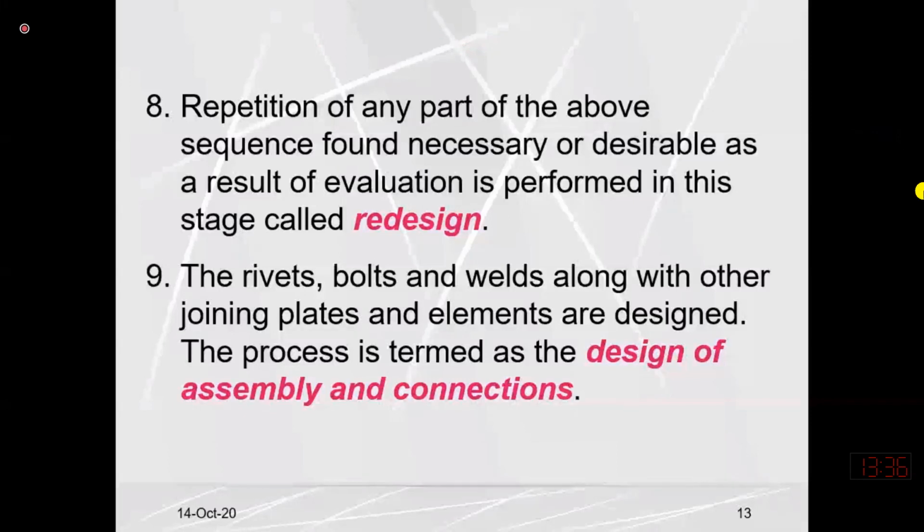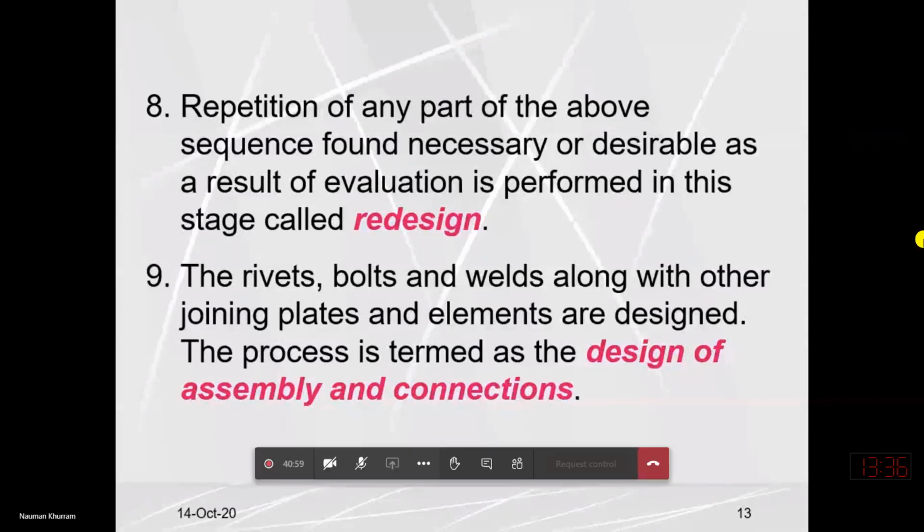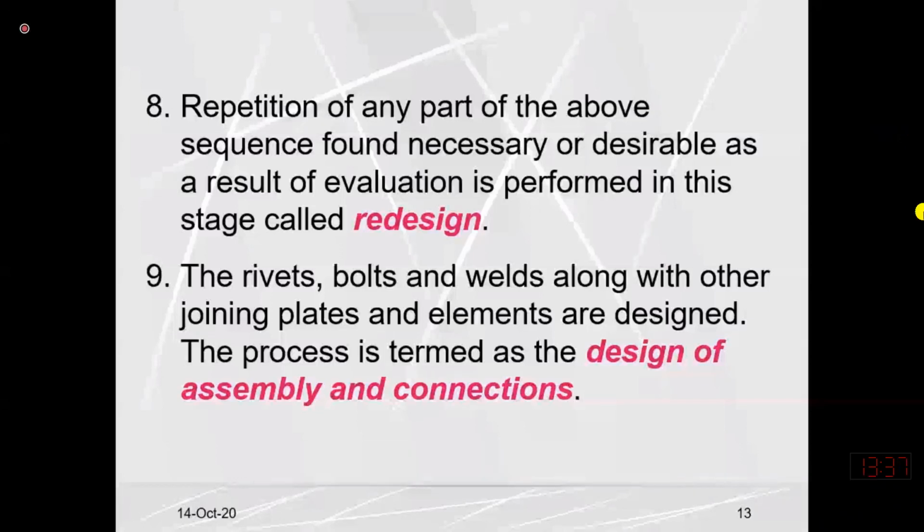If a heavier section is not available, then we need to reduce the loading. Actually, we cannot reduce the loading. So what we can do is reduce the length of the beam or the length of the column by rearranging the preliminary layout.